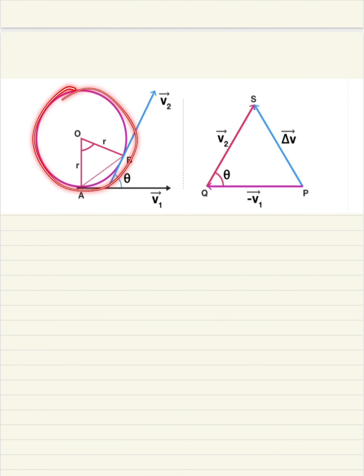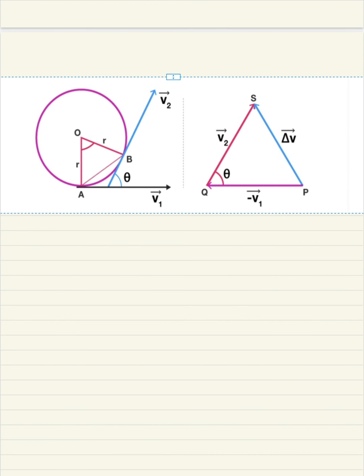This is a circular path, and I've labeled it O, A, and B, and then I also have P, Q, and S. So I actually enlarged this to be something like this, which is that when the body is rotating about that particular circular path, the net force is what we are going to be looking at.